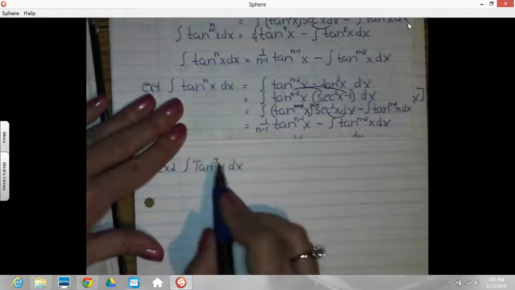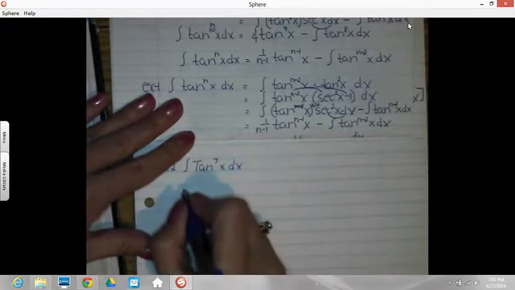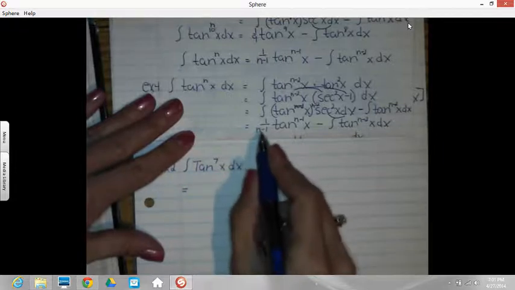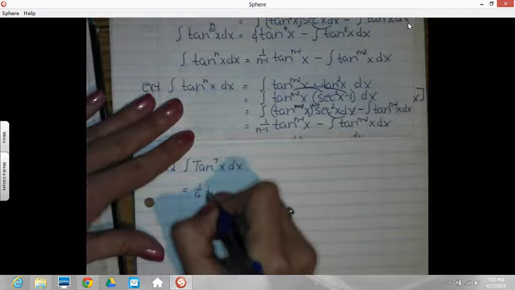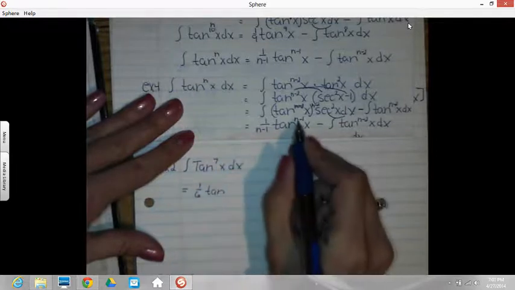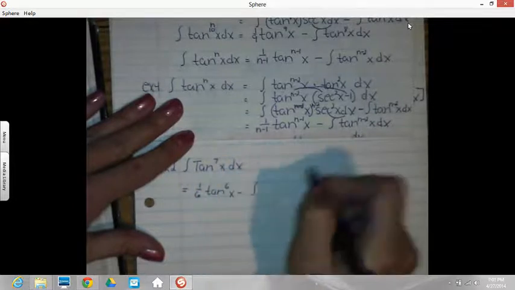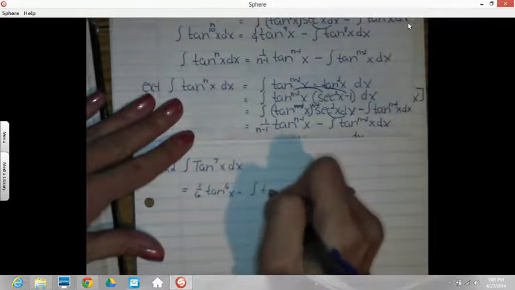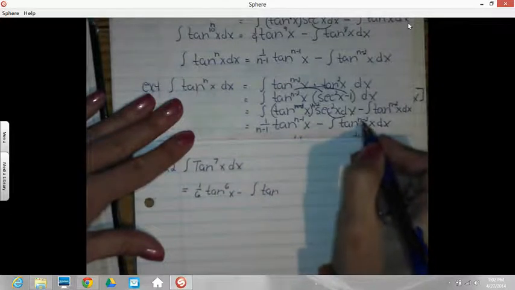And the n is 7 in this case, so here's my formula. I'm going to start it down here so I can ditto this time. 1 over 7 minus 1, so 1 over 6, tangent, 7 minus 1 is 6, minus the integral of tan to the 7 minus 2, which is 5.